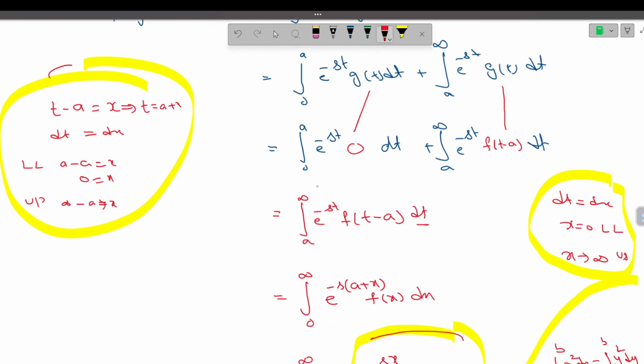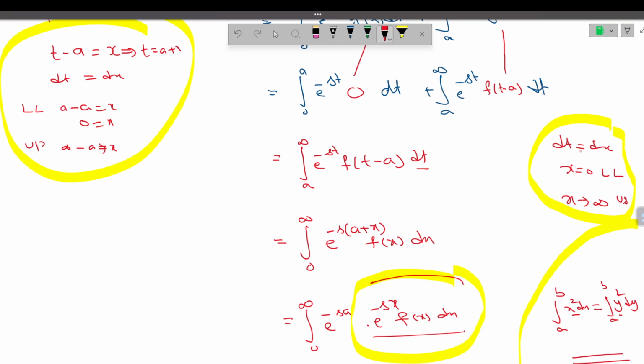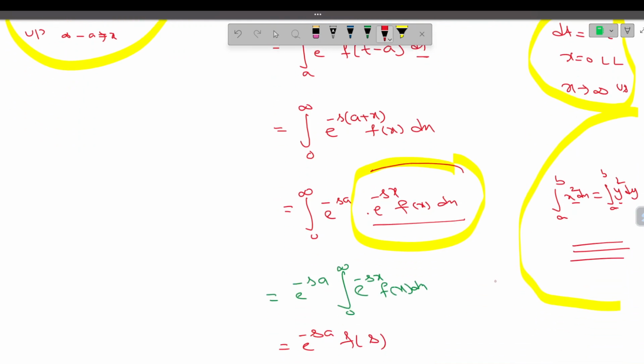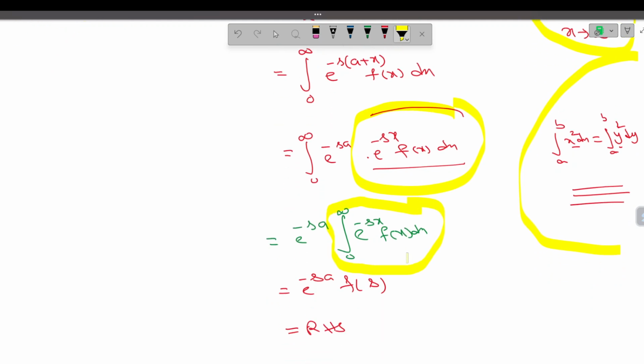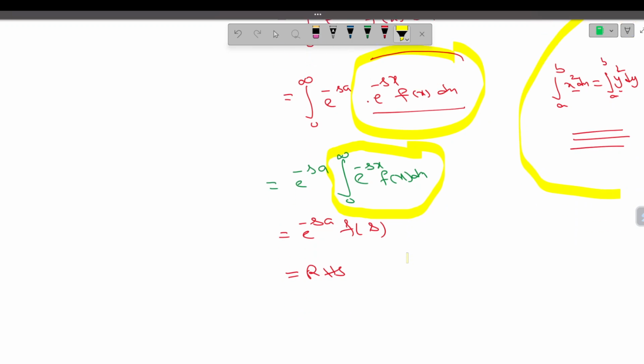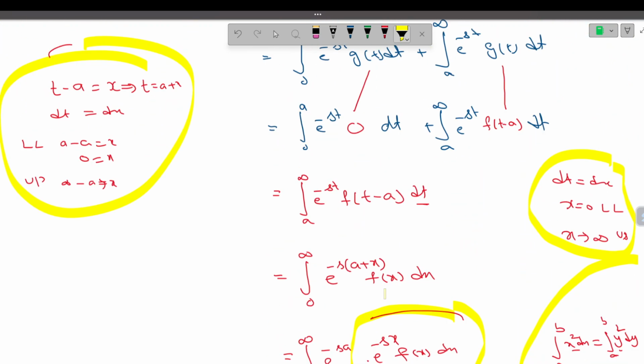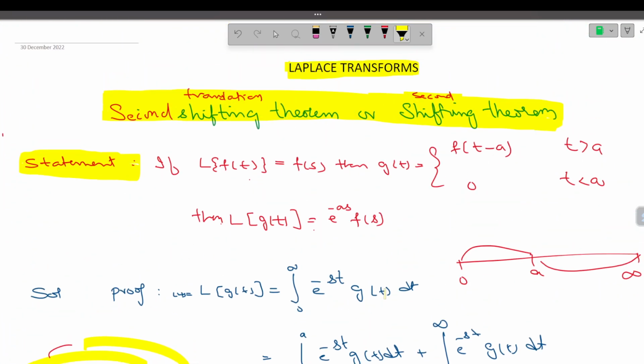That is not in the standard form. To reduce it to the standard form, we take t minus a equals x. With that, we change dt to dx, the function changes, and the constant is taken out. Again it is in the form of the Laplace transformation of f of x, which is F of s, our right hand side. This is the second shifting theorem. I will make another video for the problems. Okay, thank you once again.